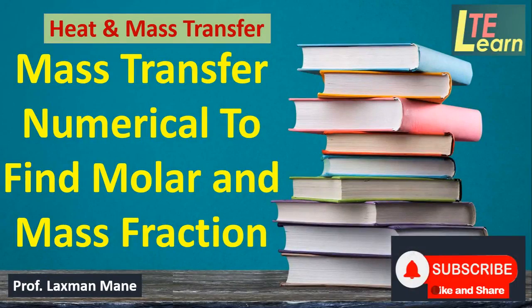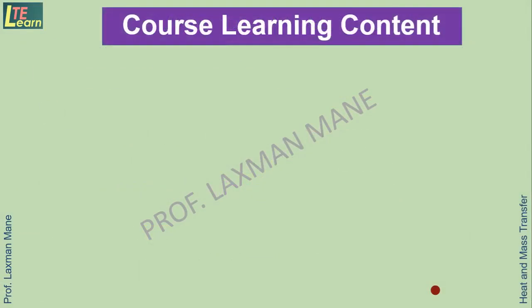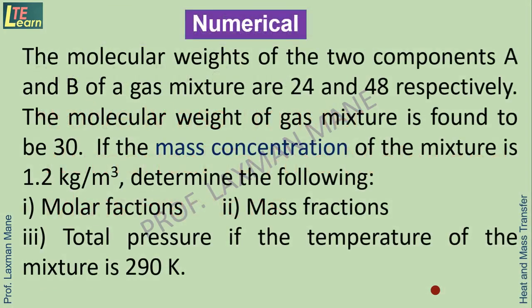In this session, you will be able to solve mass transfer numericals to find molar and mass fractions. A sample numerical we will have here. The statement is: the molecular weights of the two components A and B of a gas mixture are 24 and 48 respectively.